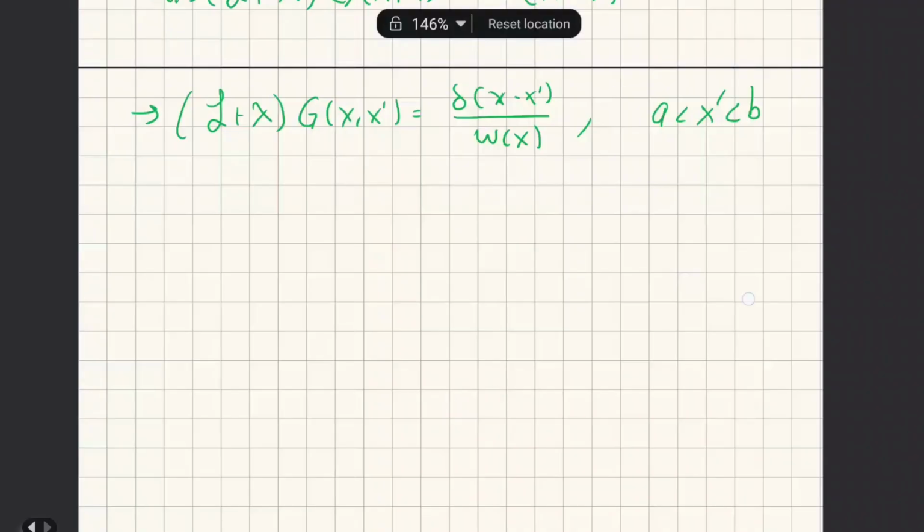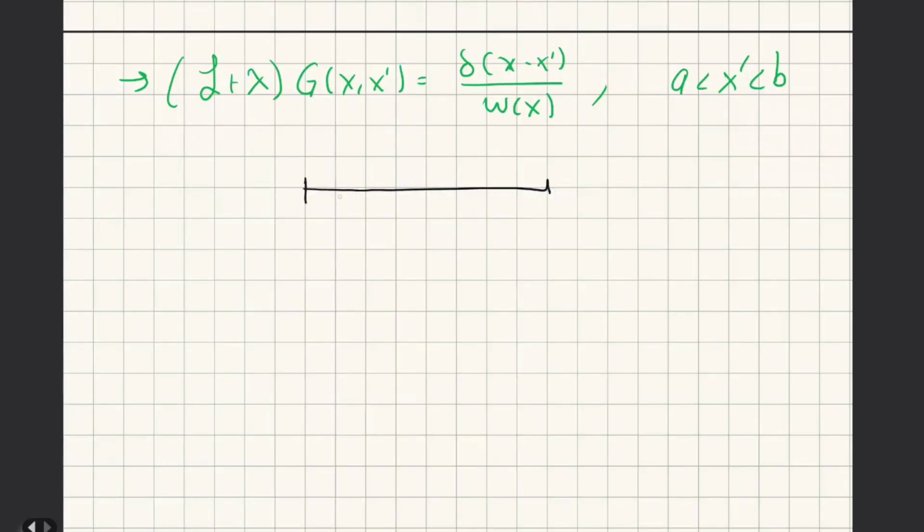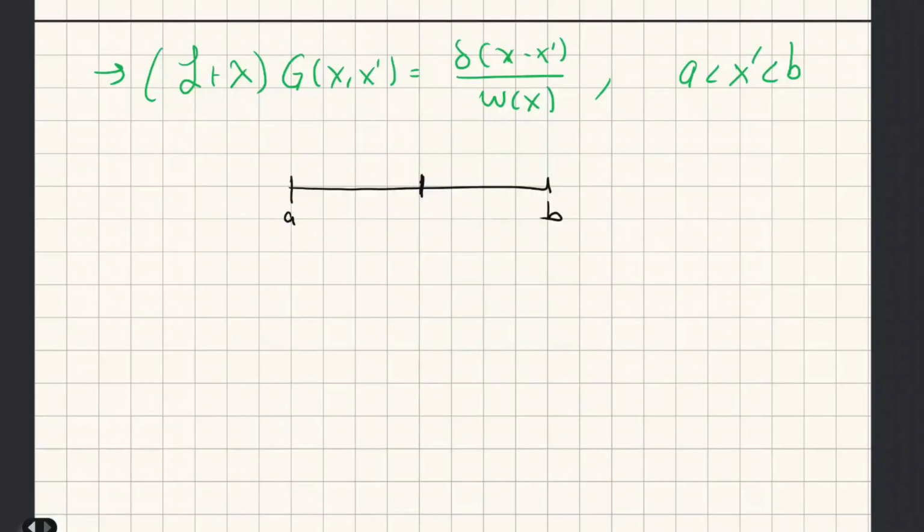Perfect. You should know that for a particular Green function defined on an interval a comma b, as a function of x prime, when x is equal to x prime, the Green function is going to be continuous.